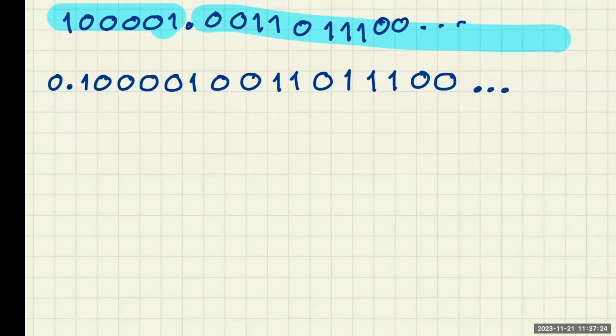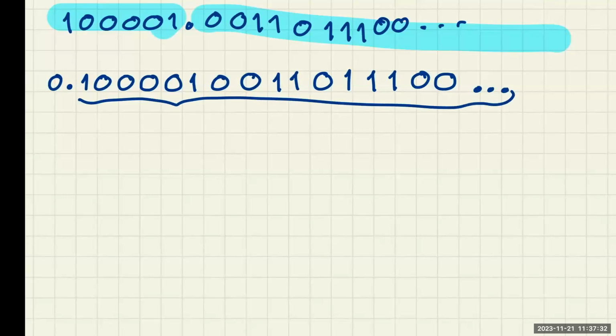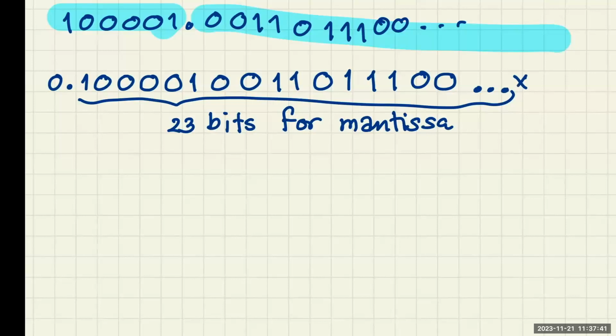I haven't done that part yet, but you need 23 of them. But this one is multiplied by 2 to the 6th, because you move the binary point to the left 1, 2, 3, 4, 5, 6 places.